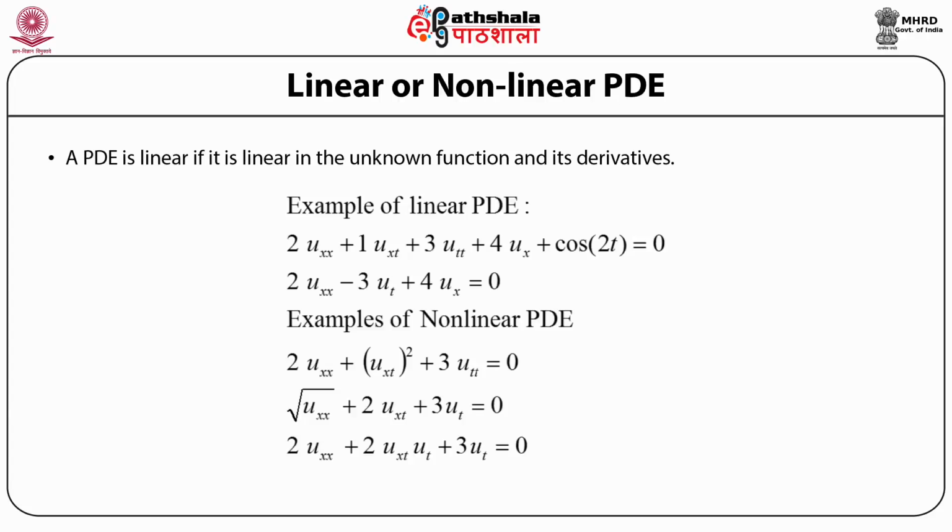In the bottom 3 equations with an underline, u_xt is getting squared, so it's getting multiplied twice. Or in the second, there is a root, the power is 1/2. Or in the last equation, u(x,t) is multiplied with u_t. So these are non-linear differential equations.